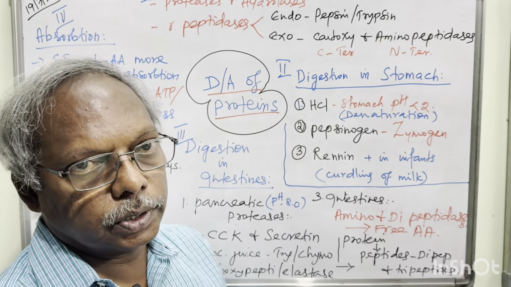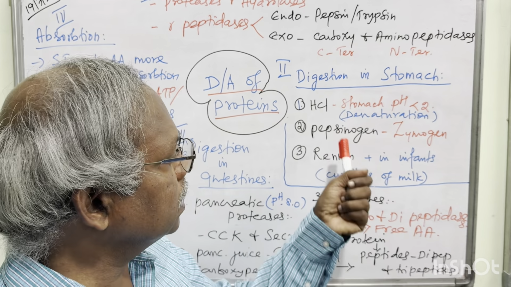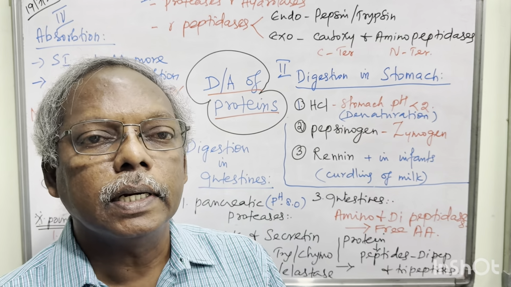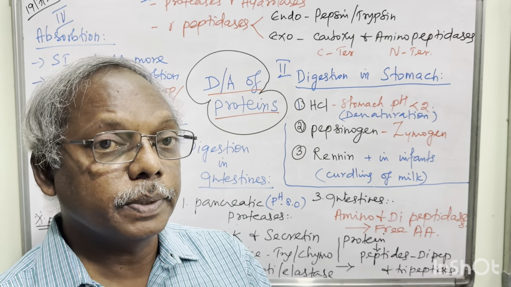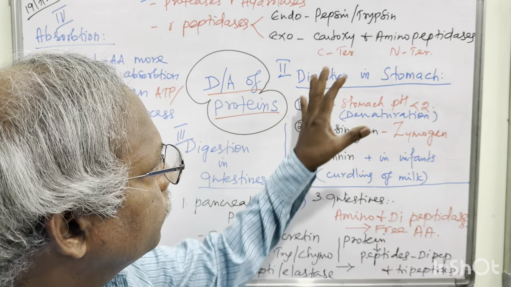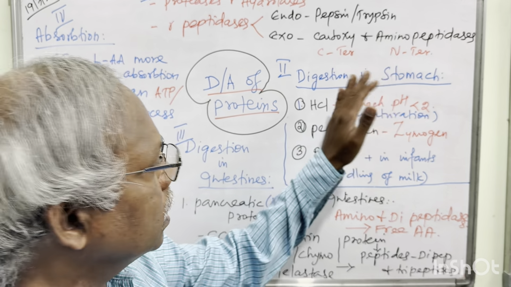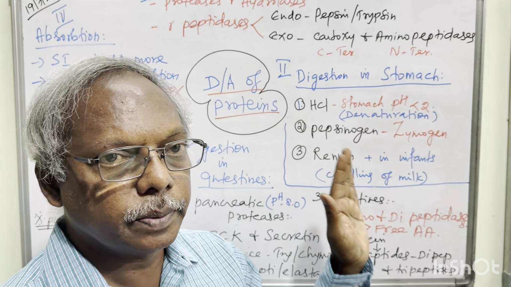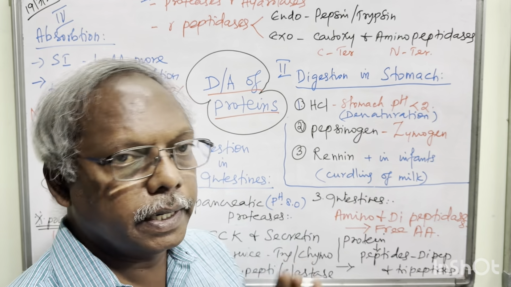So for pepsinogen, HCl gives the medium for conversion to pepsin, like that. So for digestion in the stomach, only 3 points: hydrochloric acid, pepsinogen, renin.